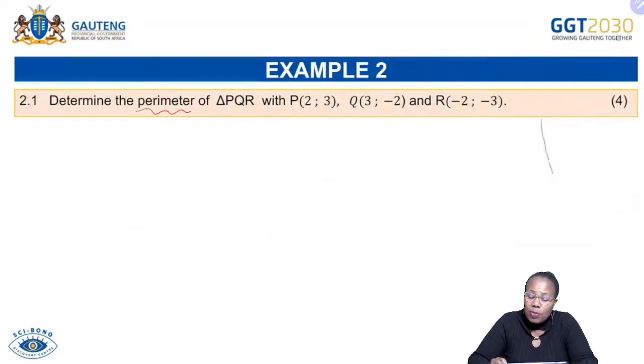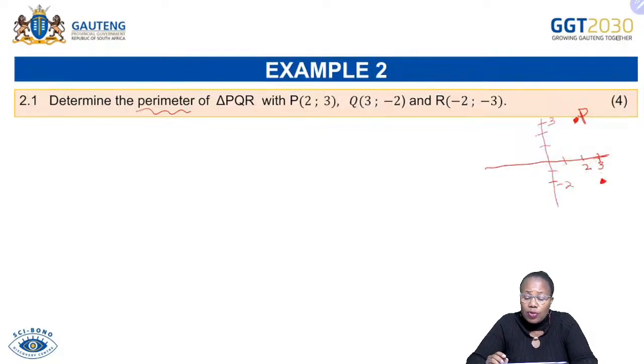If we try to predict the shape of that particular triangle, we plot 2 coordinating with 3. That is the first point, point P. For point Q, you have 3 coordinating with -2, and you have a point there.